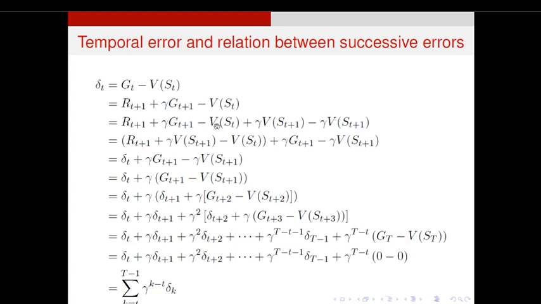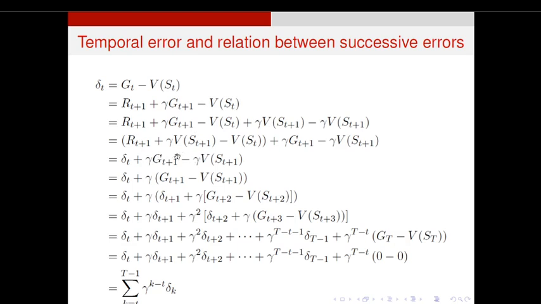Now I just add and subtract the term gamma into V of S_{t+1}. That is a mathematical manipulation, so the expression remains the same. I add gamma into V of S_{t+1} and subtract gamma into V of S_{t+1}. When I simplify, I get back the original.